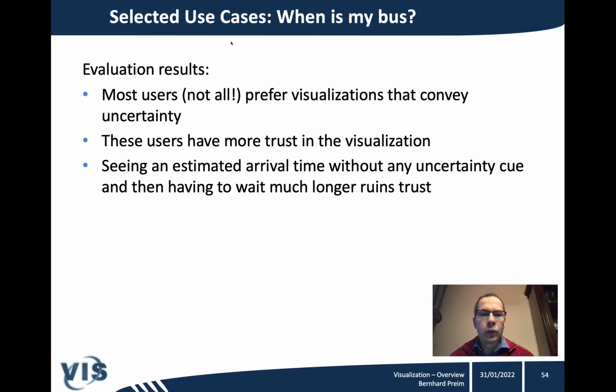And what became really clear in the interviews that were part of this evaluation is a situation where an arrival time is estimated without any uncertainty, even if a few users prefer this. But when it then turns out that the estimated arrival time is just not true, it really deviates strongly from this, then trust in this whole system is really ruined.